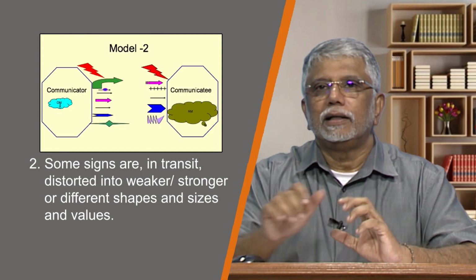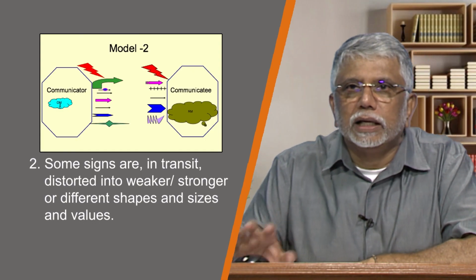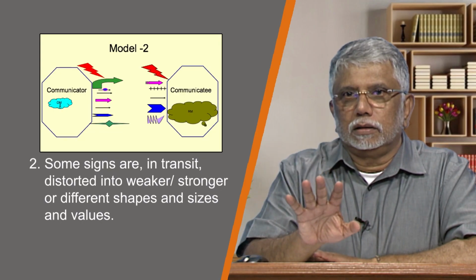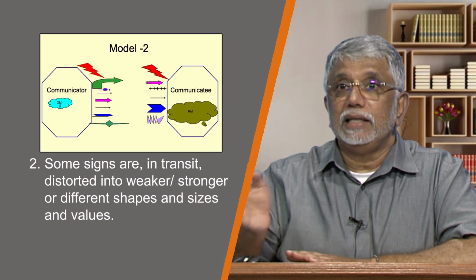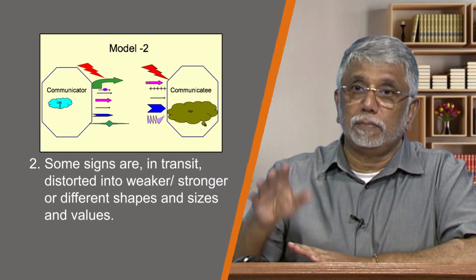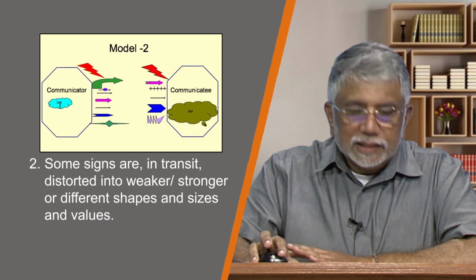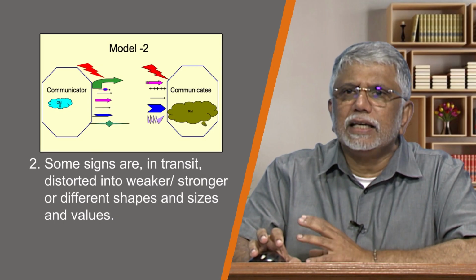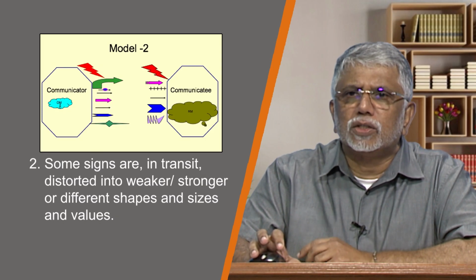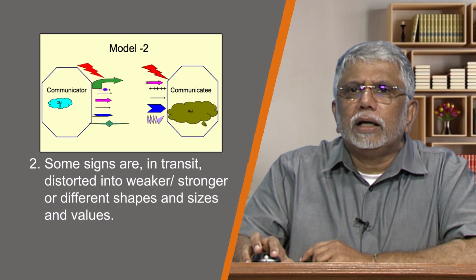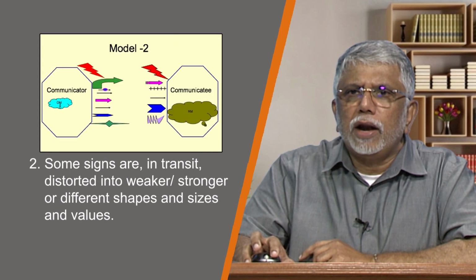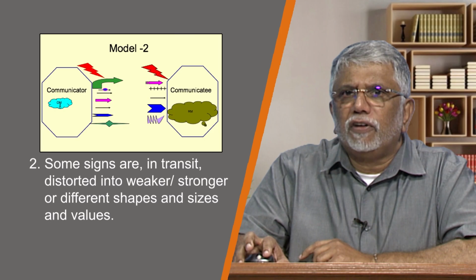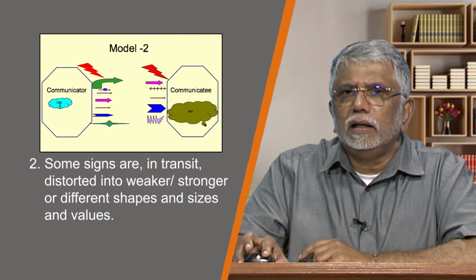The second difference, if you have noticed, let us go back to the diagram, is that some of the signs that actually reached the communicatee seem to have changed in terms of size and shape and value and so on and so forth. For example, look at this particular one. This arrow, when it reached the communicatee, has taken on a different shape, right.